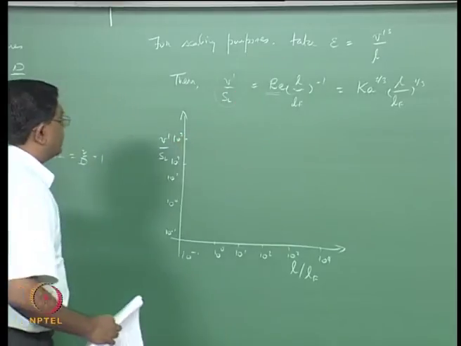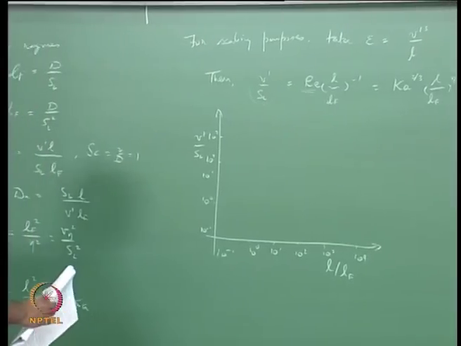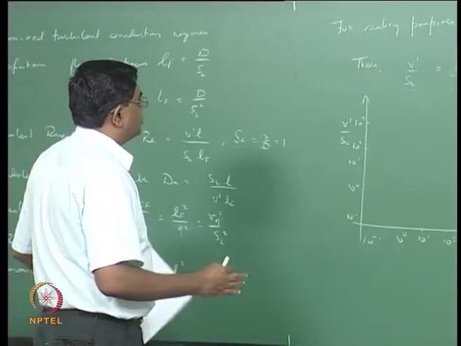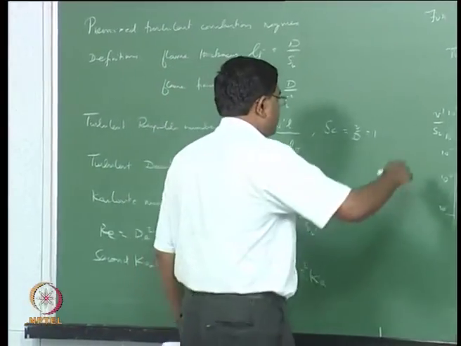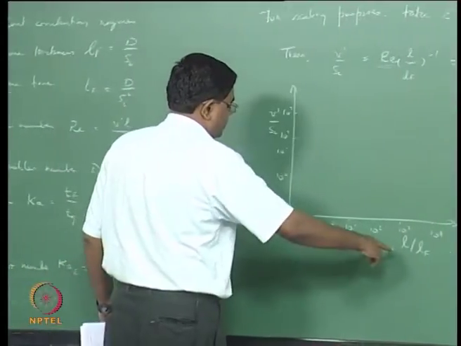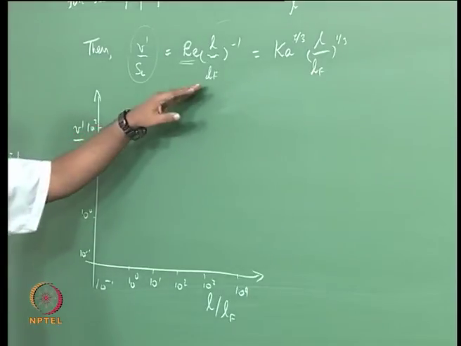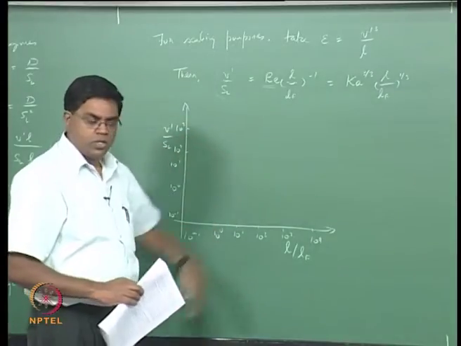On a normal plot it would be a rectangular hyperbola for constant Reynolds number, but this is a log-log plot. So in a log-log plot, this shows up as a straight line with a negative slope.